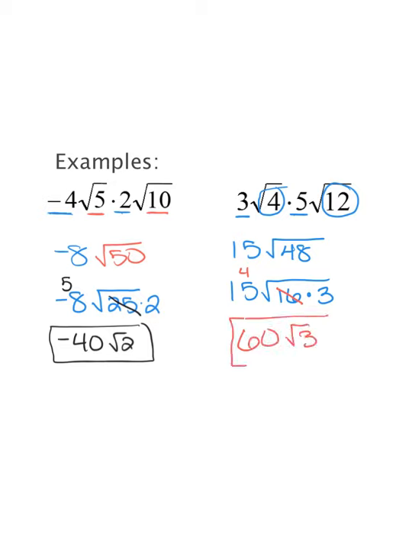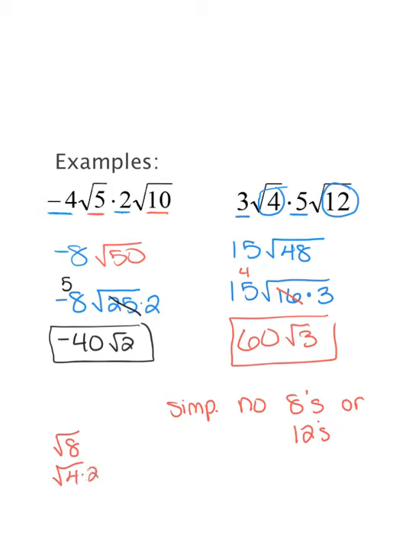Quick hint or tip, when you simplify, do not pick an 8 or a 12 as one of your factors, because an 8 will always have to be broken down again. So if you're left with a radical 8, you got to break that down to 4 times 2, which becomes 2 radical 2.